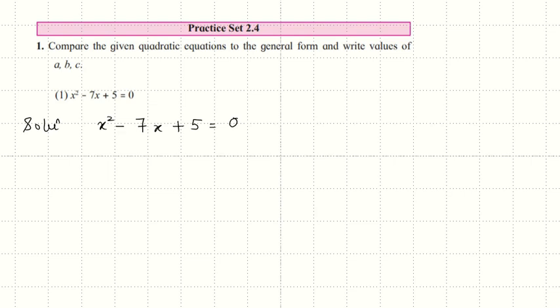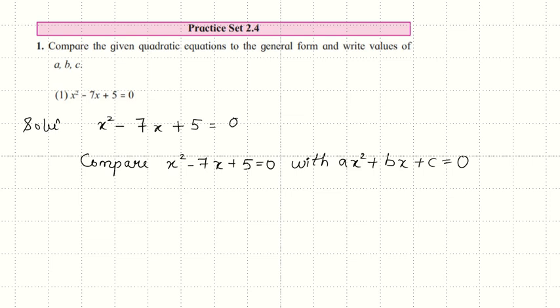In such type of question, we will first check if the equation is in standard or general form. This equation is already in general form, which is x squared minus 7x plus 5 is equal to 0. Now we will compare this equation with ax squared plus bx plus c is equal to 0.